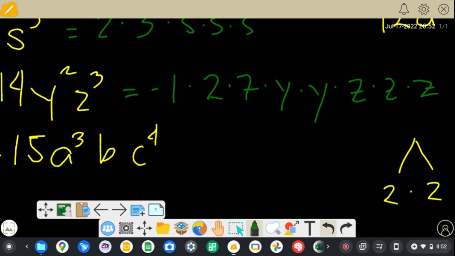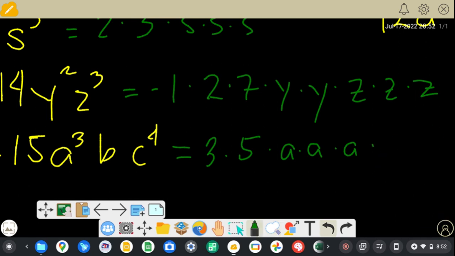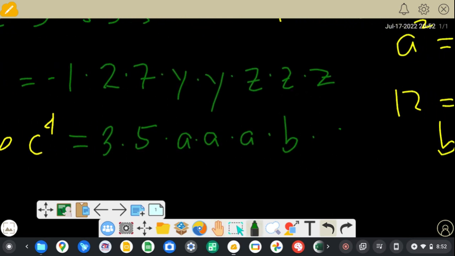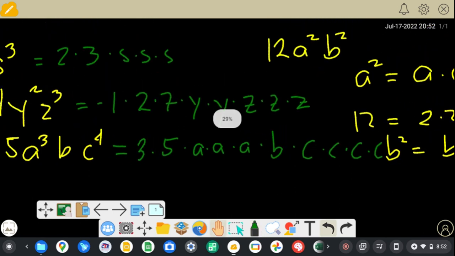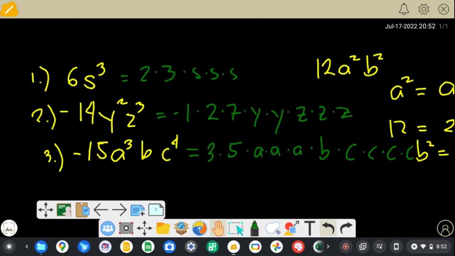Okay, how about this one? 15 can be written as 3 times 5 times a times a times a times b times c times c times c times c. Okay, I hope you get this. Okay, that's all.